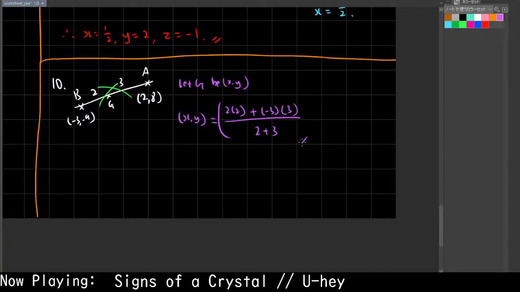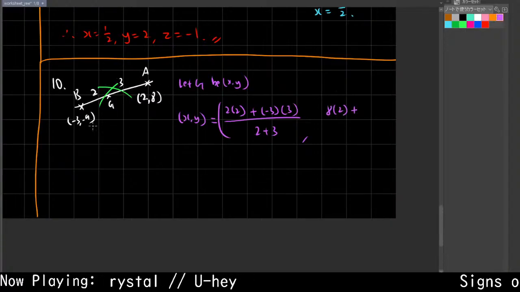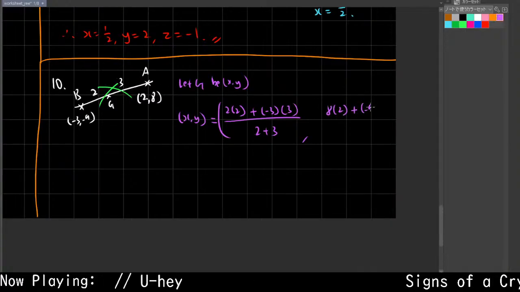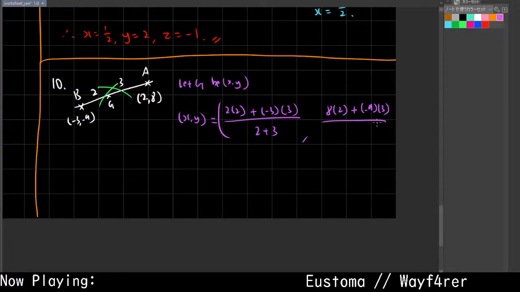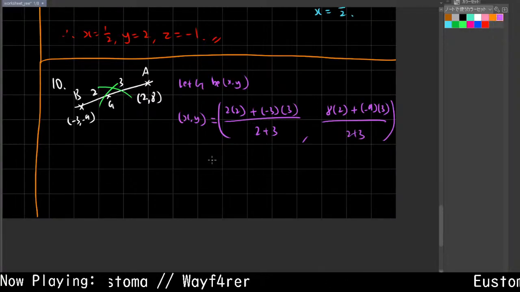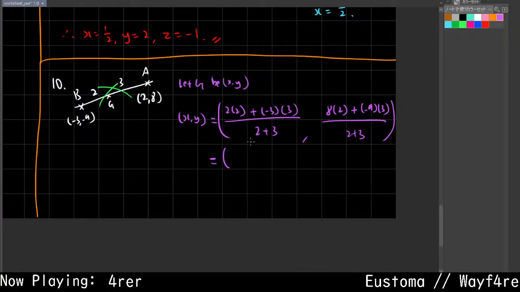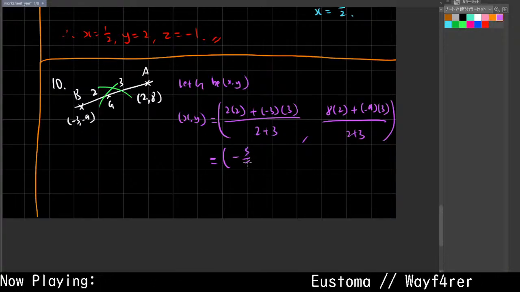We do the same for your Y. So 8 times 2, and then negative 9 times 3, and then you get 2 plus 3. Okay. So 4 minus 9 is negative 5, negative 5 over 5.